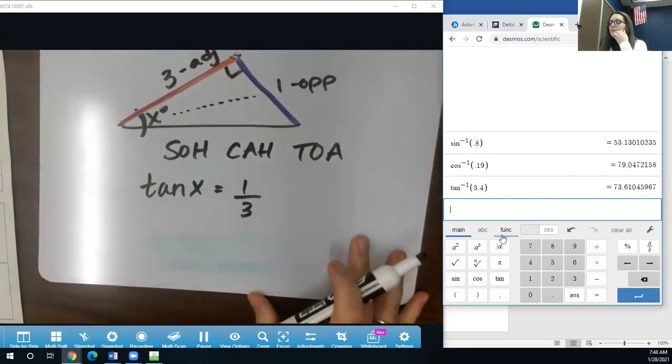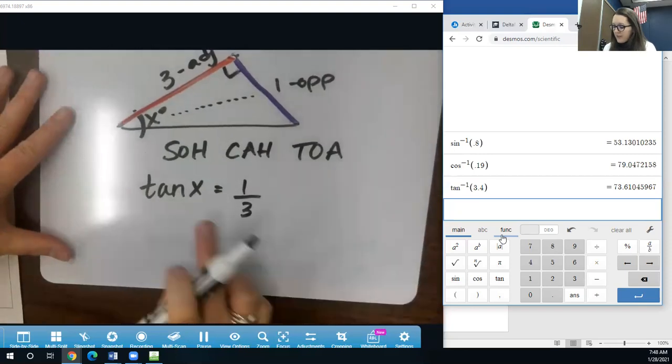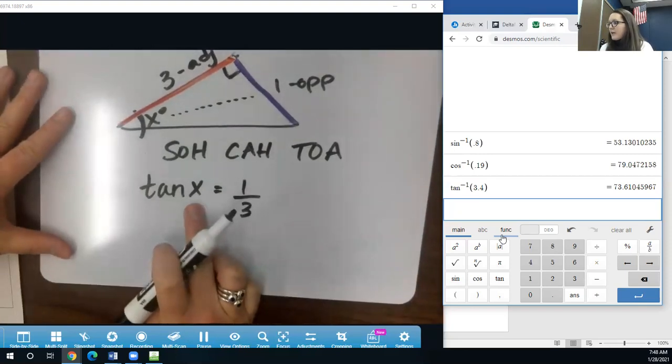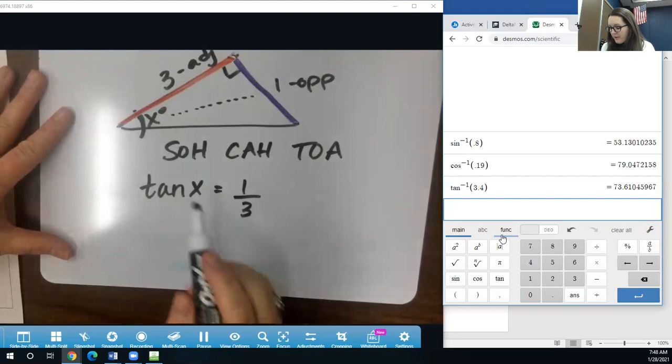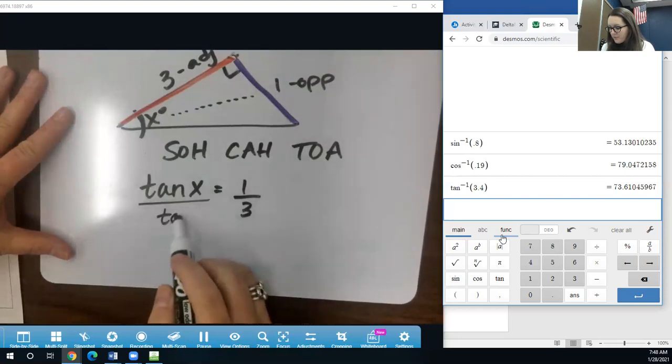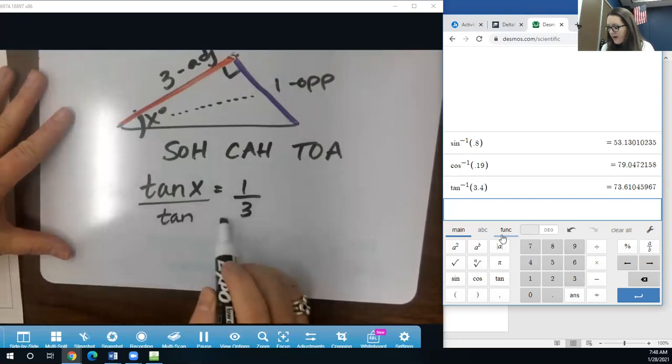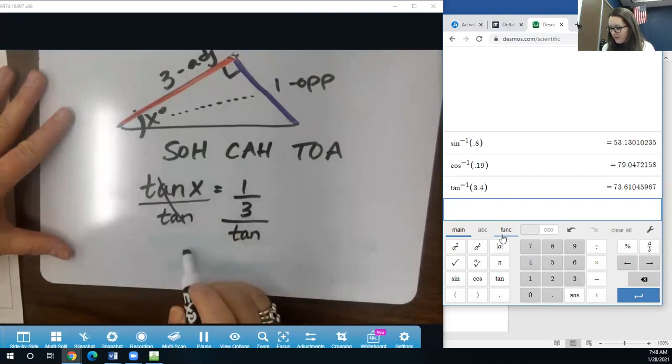Okay, so I'm going to prove to you mathematically why we're using the inverse of this. Thinking about solving for x, right? Let's separate these. If I separated this, this would be like dividing by tangent.